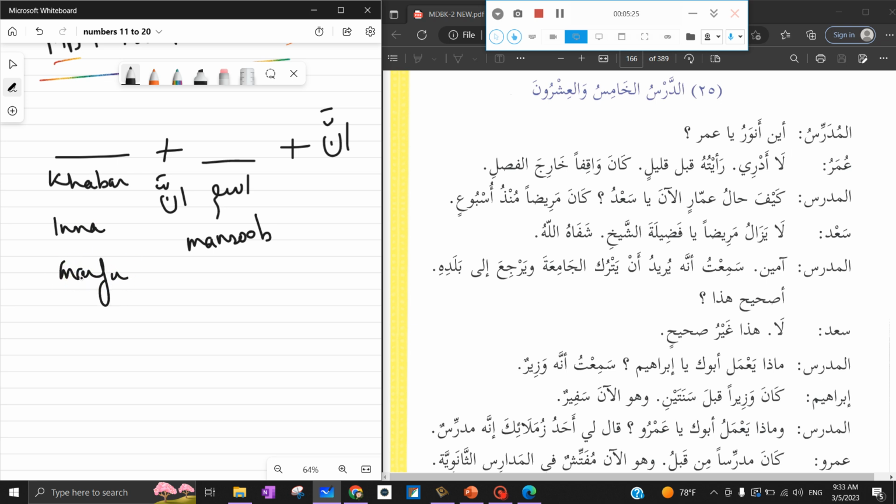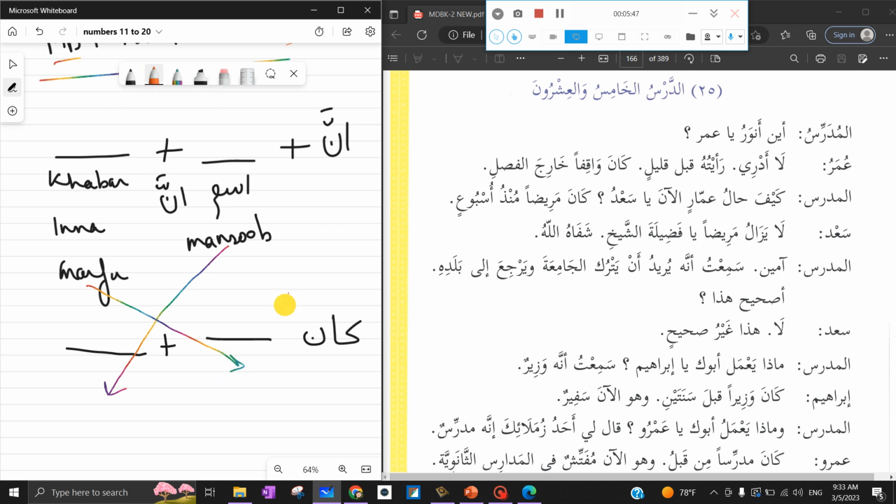So this is the basic rule of inna. What is the rule of kana? Kana is just the opposite.